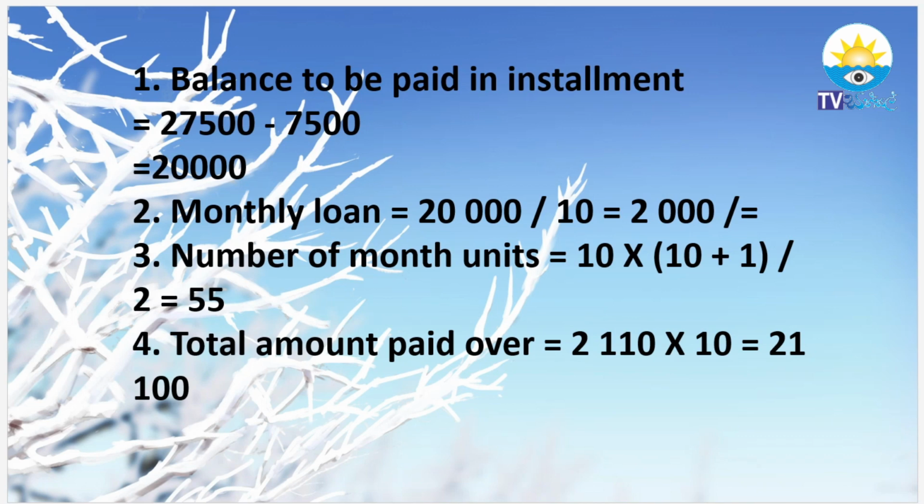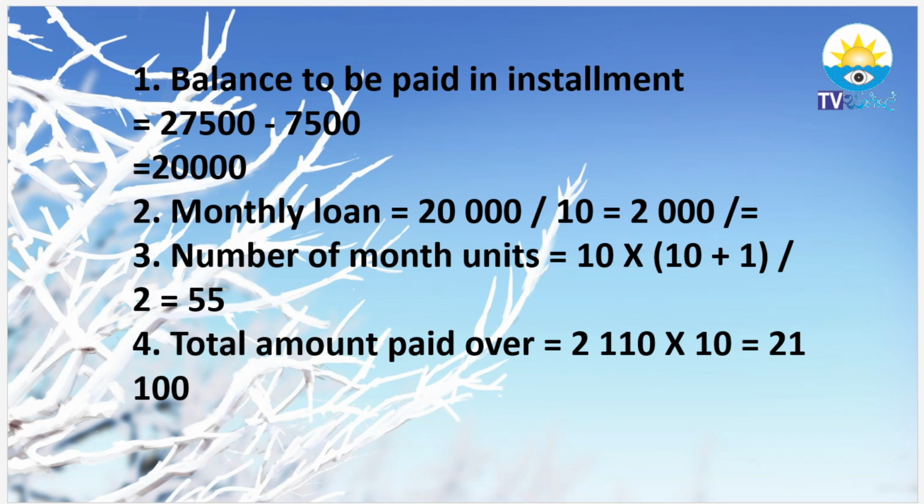In the second step, you can see the calculation of the monthly loan. Monthly loan is equal to the total loan divided by the number of installments or number of months. That's 2,000 rupees.